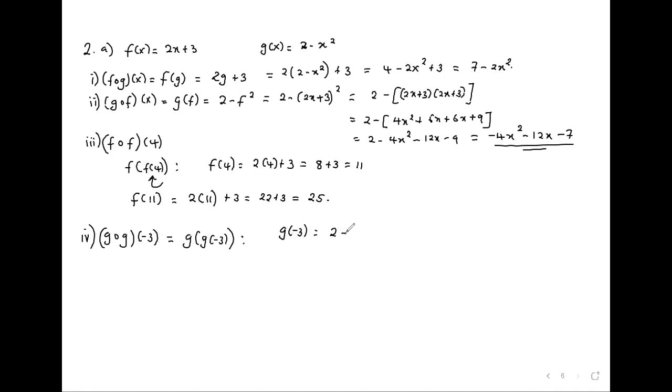So you have 2 minus (-3), well, there is x, but it is squared. So 2 minus 9, which is -7. So what we have is g of -7. So we get 2 minus (-7) squared, which is 2 minus 49, which is -47.